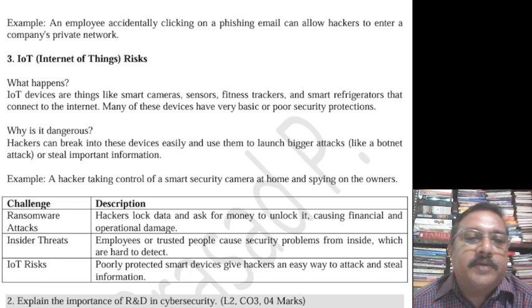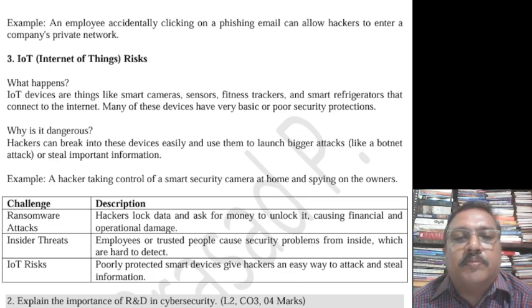Third one, that is IoT, Internet of Things risk. We have many devices in our home or our institution or the company or IT sector, like smart cameras, many sensors, fitness trackers, smart refrigerators, examples are given here, which are actually connected to the internet.